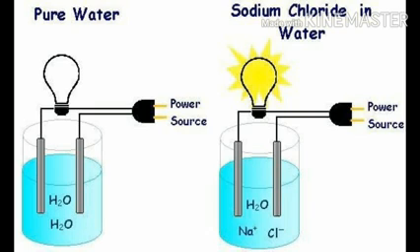Similarly, in pure water the bulb will not glow, whereas in sodium chloride solution the bulb will glow brightly. Check the other liquids as well. If the bulb glows, then the electrical conductivity is true, and otherwise it is false.